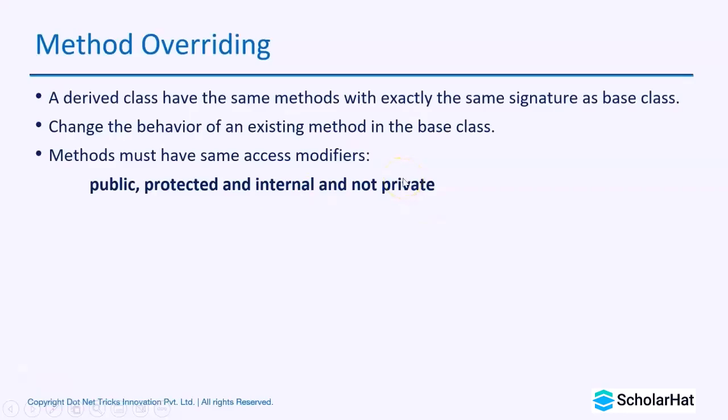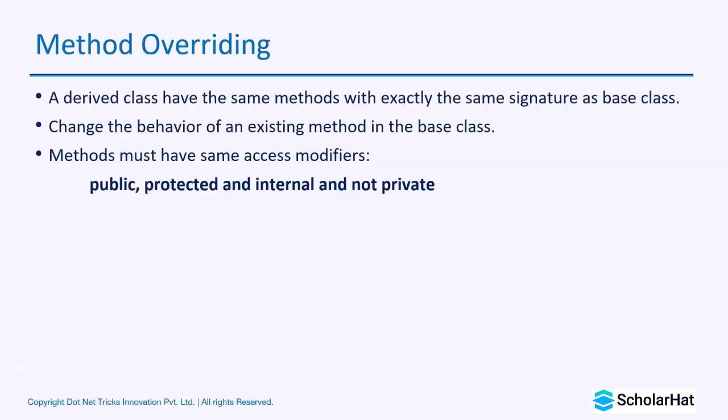We should have the same name of the method, the same signature of the method as discussed, and the access modifier equal or higher, not below it. So this is how method overriding plays an important role. There must be a parent-child relationship in which method overriding is possible. The signature of the parent and child, as I told you, should be the same.